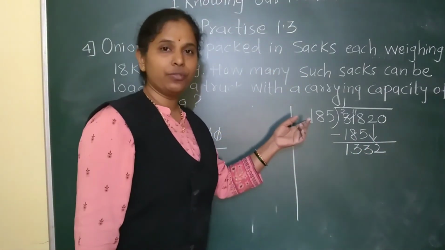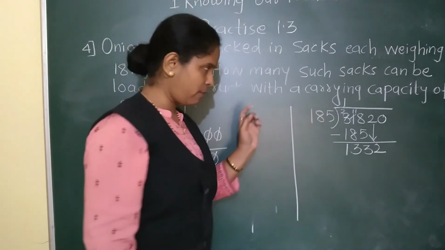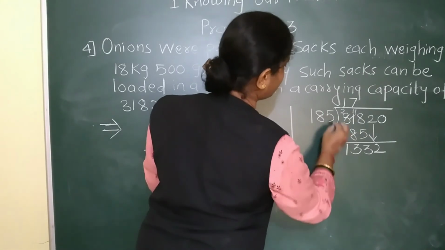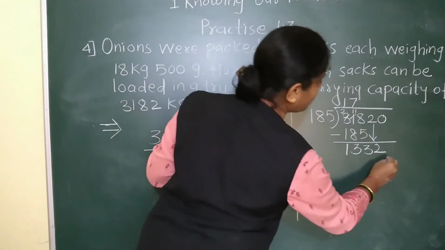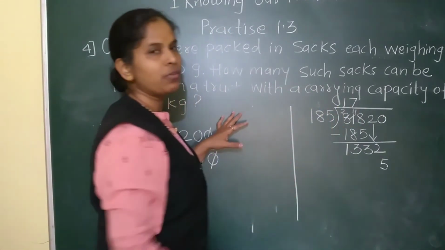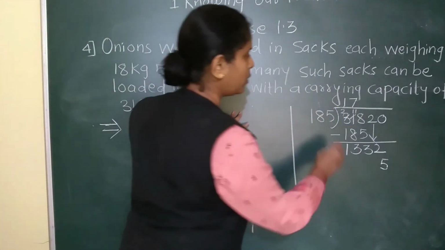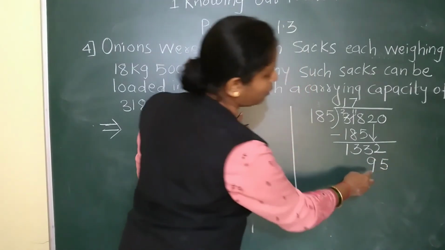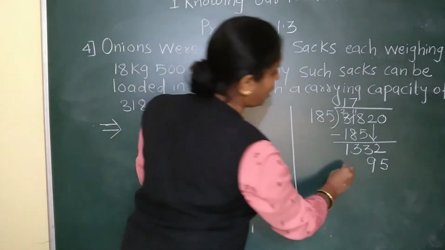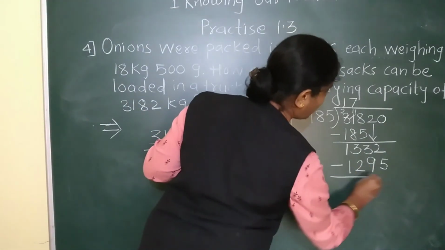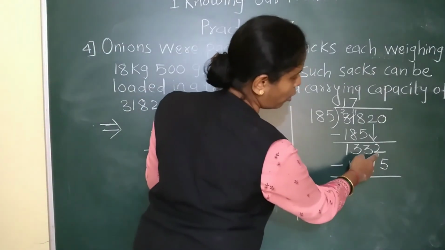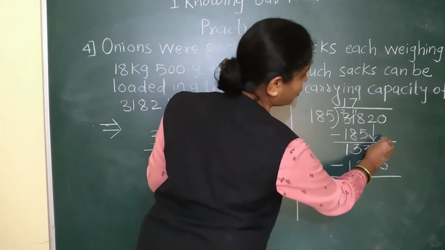Now if you multiply 185 by 7, then you will get 7 5s are 35, 5 carry 3, 7 8s are 56, plus 3, 59. That 9 you will write here, 5 we have to carry. 7 1s are 7, plus 5, 12. Now do the subtraction of this. Again, can we subtract 5 from 2? No. So here 12.